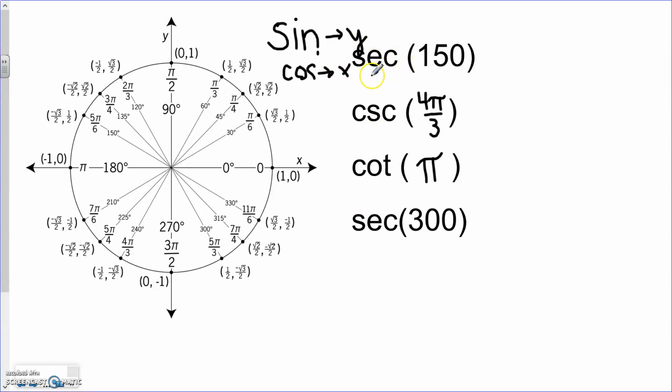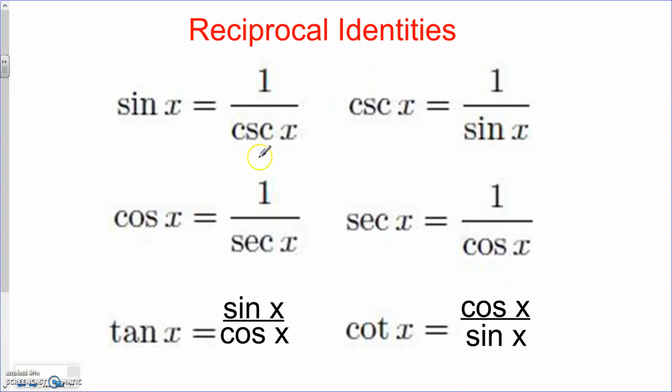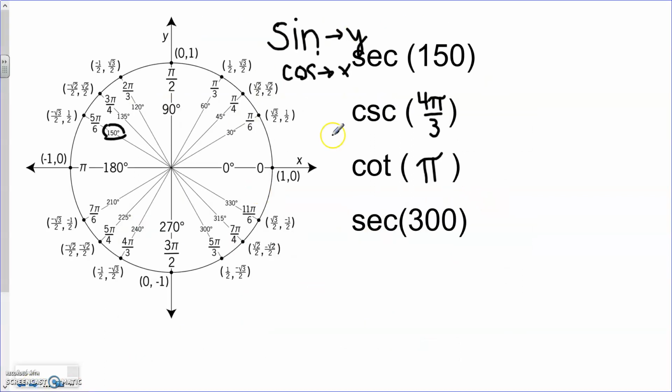Okay, so secant of 150. So on my unit circle, I'm going to go to 150 over here. And then we want secant. Now, if you need to go back to this secant here, it's 1 over cosine. So I need 1 over the x value. Well, the x value here is negative radical 3 over 2.